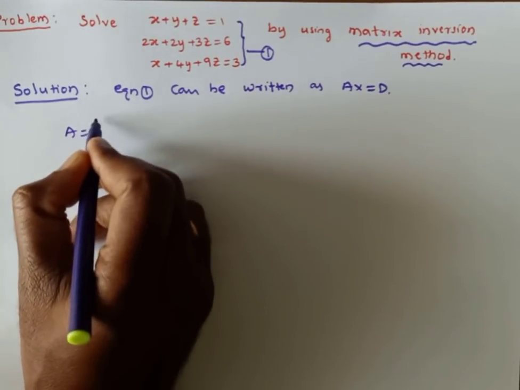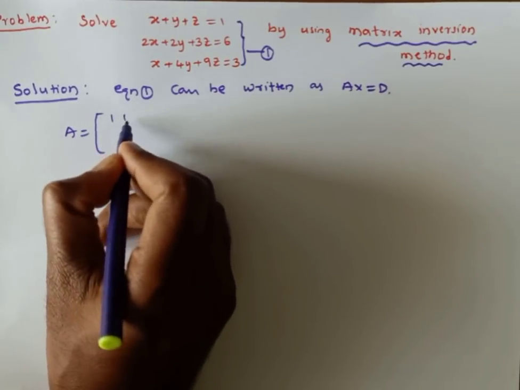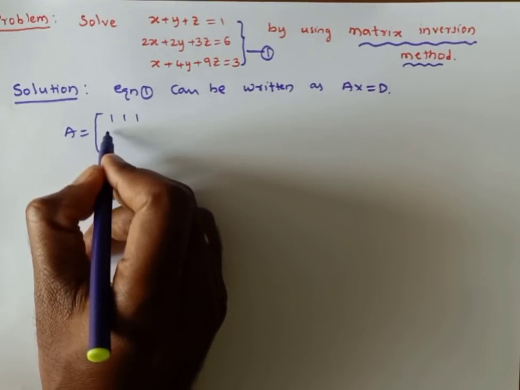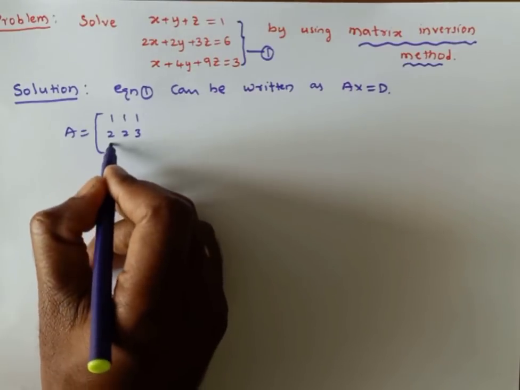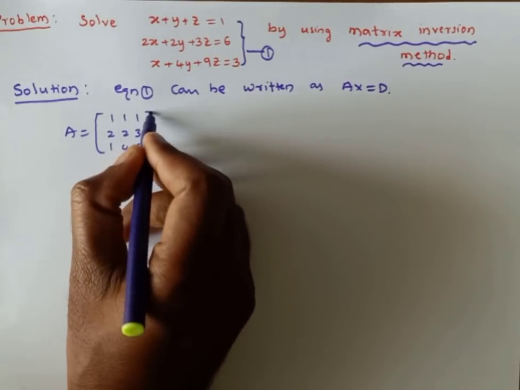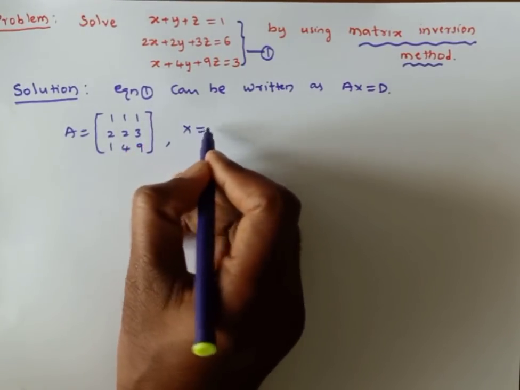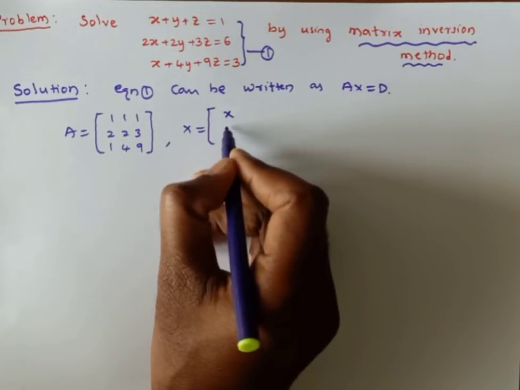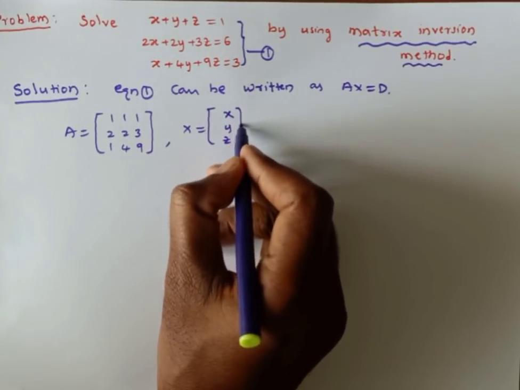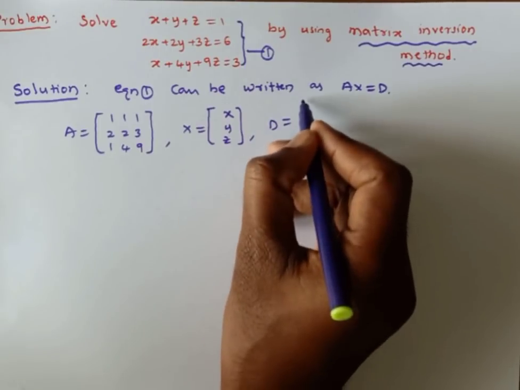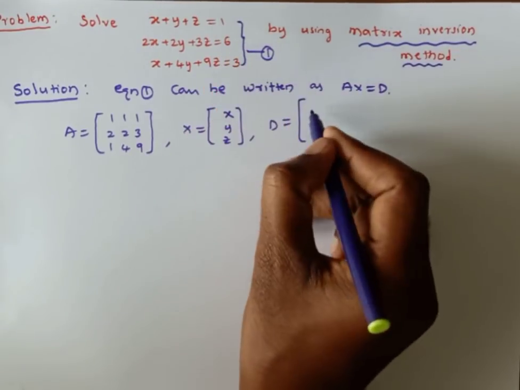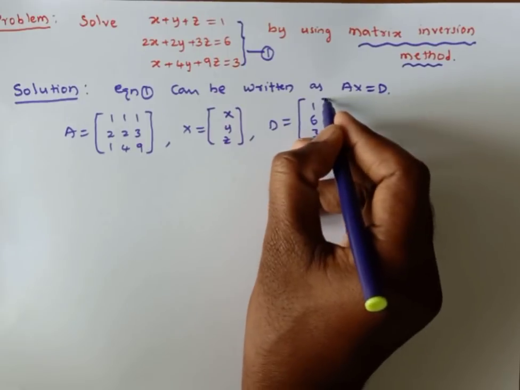Where A is the coefficient matrix 1 1 1, 2 2 3, and 1 4 9, and X is a variable matrix. Here the variables present in the given system are X, Y, Z only, and D is a constant matrix 1, 6, 3.